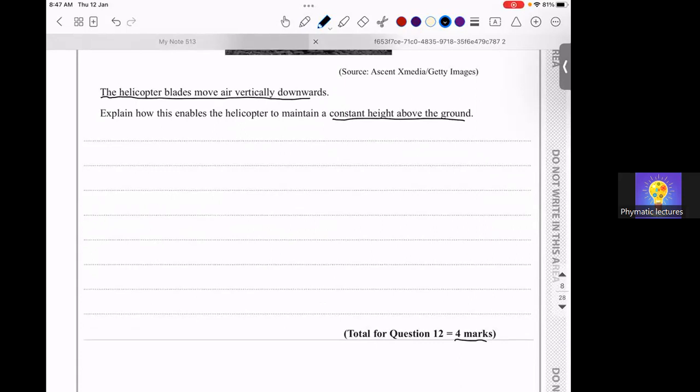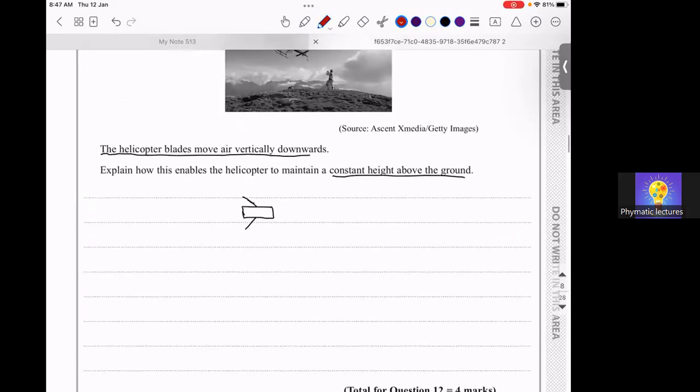So here, this is our helicopter. My drawing is very bad, forget about that. Just consider this for your information, right? What this helicopter is doing, especially the blades, is pushing air downwards.